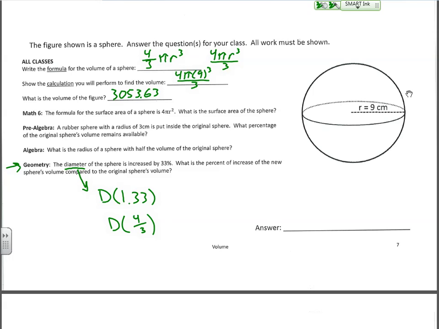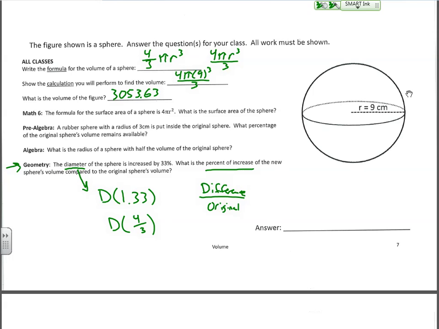Once you get that new diameter, you're going to use it to find the volume of the new sphere and then calculate the percent of increase, which, remember, back to that garden question, the formula is difference divided by original. So once you increase the diameter by 33%, you now have a larger sphere.